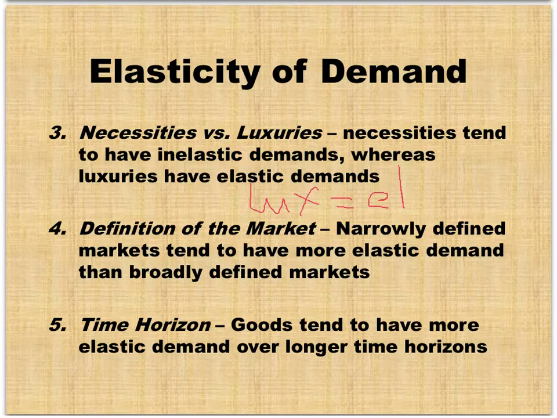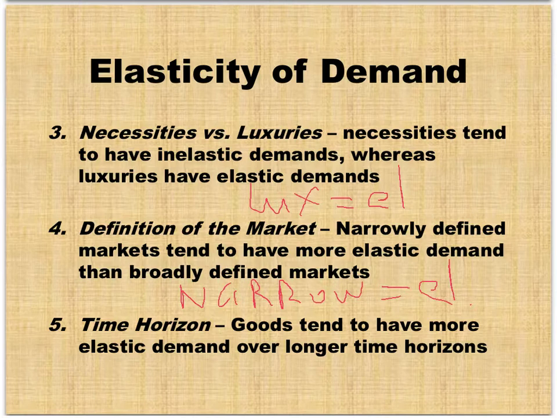Rule number 4 is definition of the market. If we define something very narrowly, then it's going to be elastic. For example, Ben & Jerry's Cherry Garcia ice cream. The market for that is a very narrowly defined market.